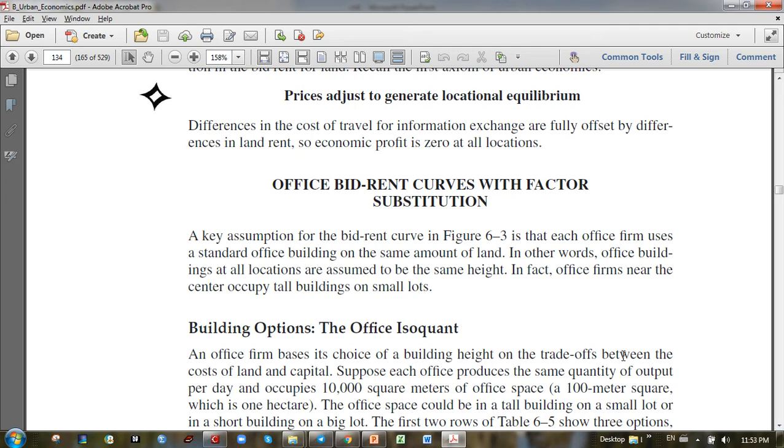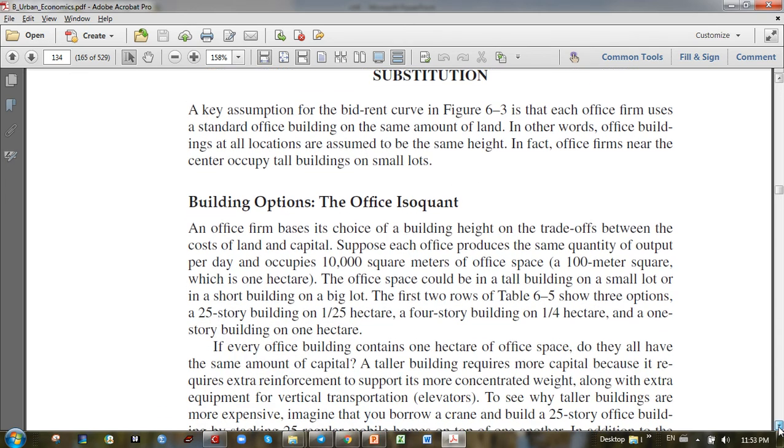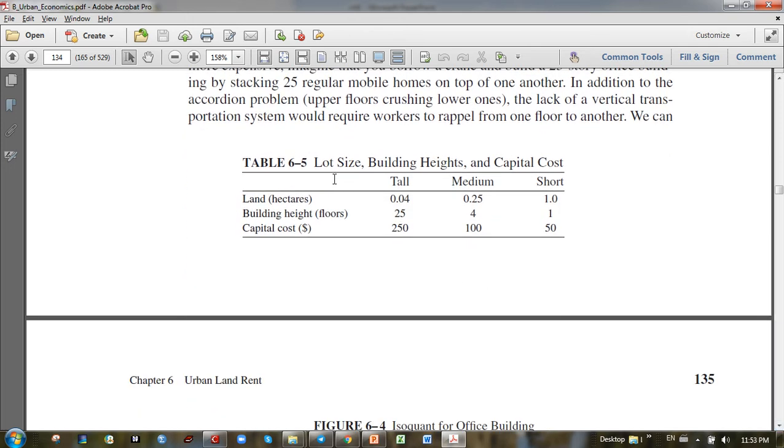Office isoquant. Okay, so lot size, building height, and capital cost. This is a tall building, a medium height building, and a short building. So different capital, land use, and building height.